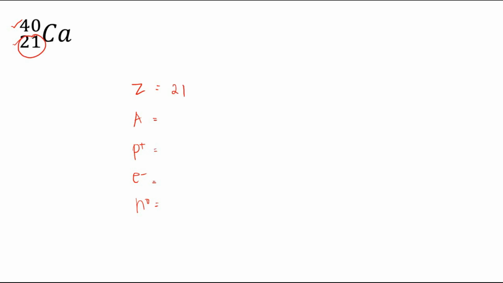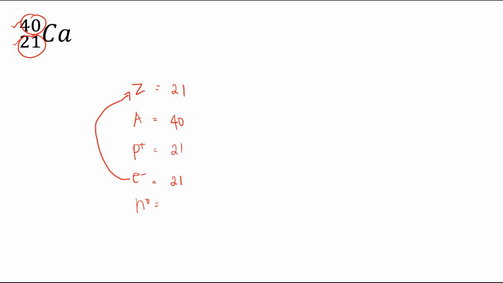And for your A or mass number, that's 40. For your P plus, first you identify your E negative. Your E negative is equal to your atomic number. So if it's 21, then you also indicate here 21. And then your P plus, since it's equal to your E negative, is also 21.